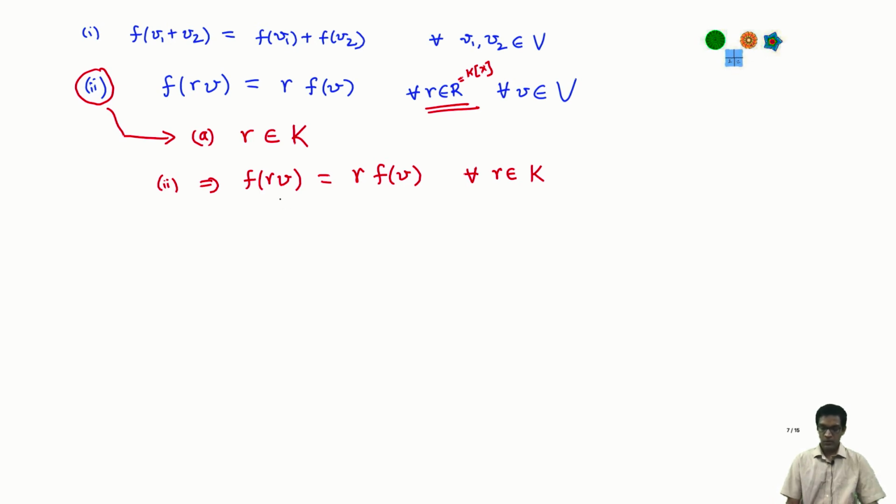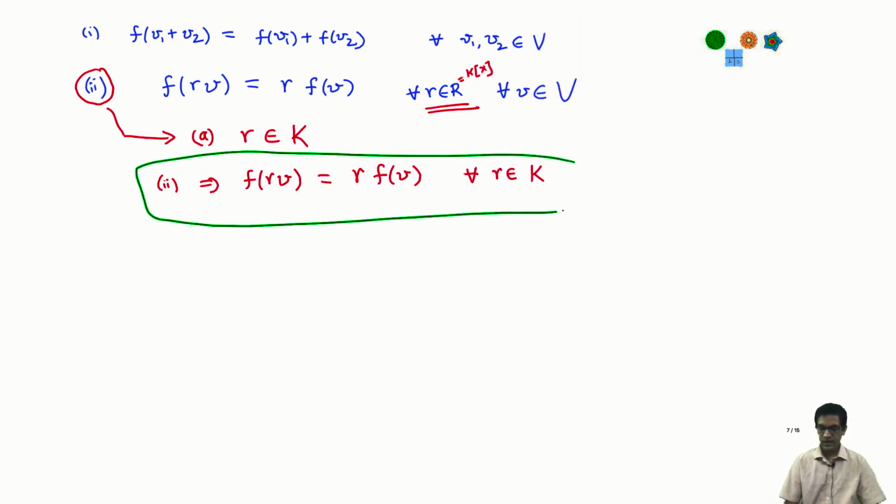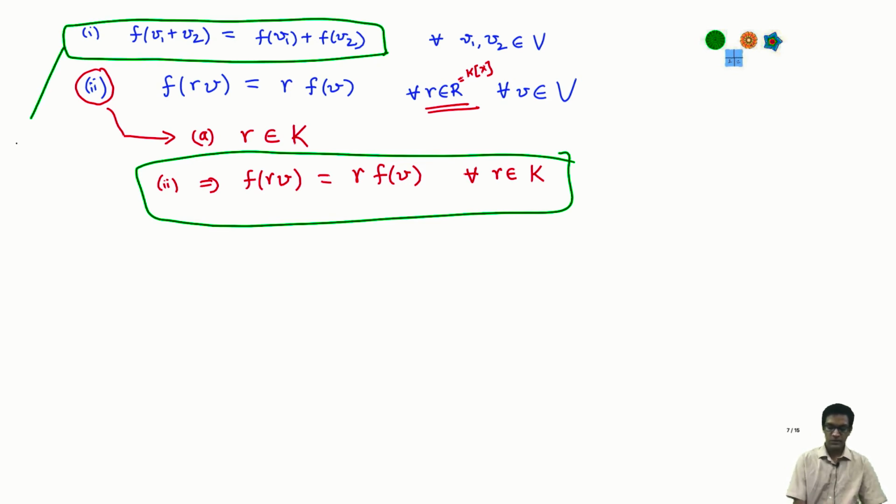Okay. Now what does this mean? This says that if I multiply v by a scalar from the field K, that scalar can be pulled out. Now let's analyze this property together with the additivity, the first property. So now put these two together and let's stare hard at it. What does it tell us about f?